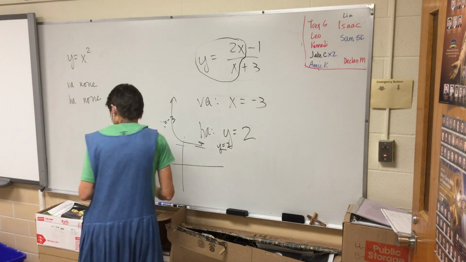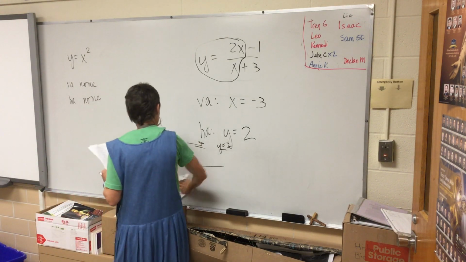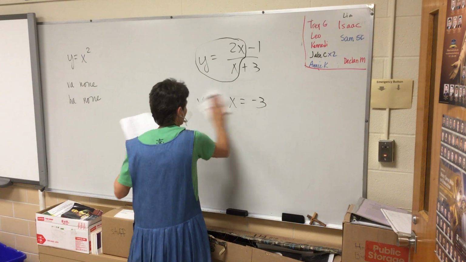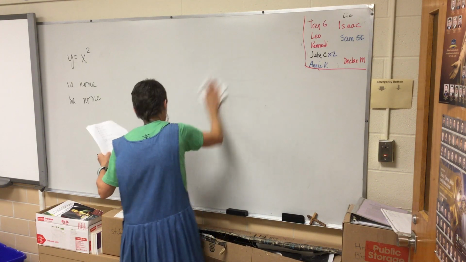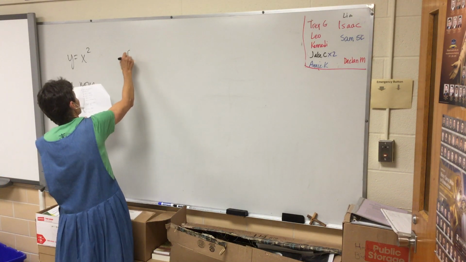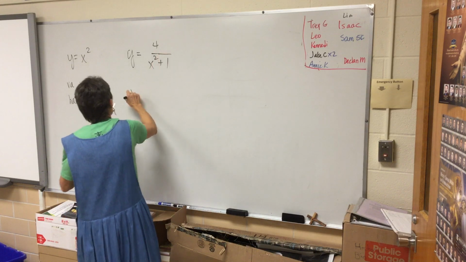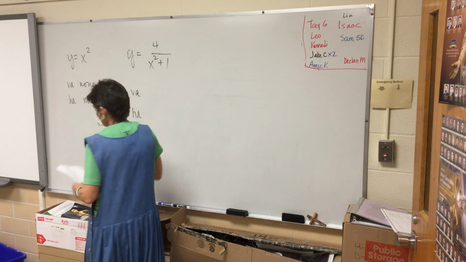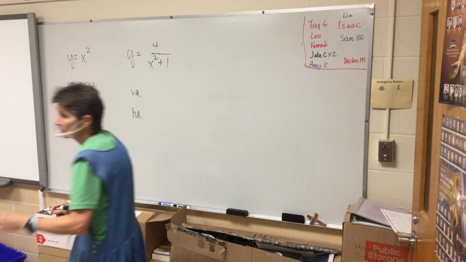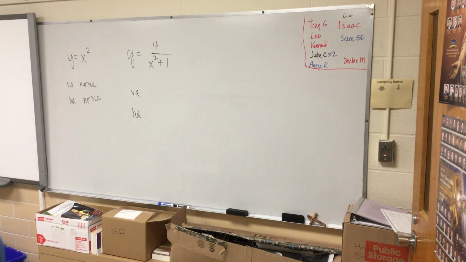All right, what about D? What are you thinking? Well, I'm old, I do this for a living, and I've done millions of these, so when somebody says to me, find the vertical asymptote, the first thing I think is, what can x not be?